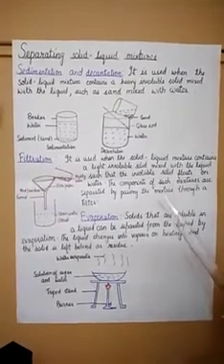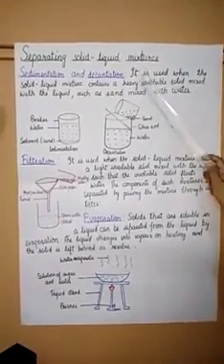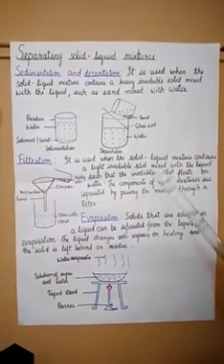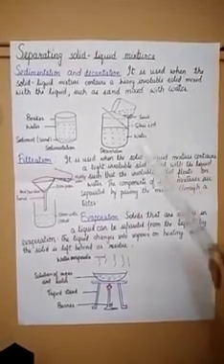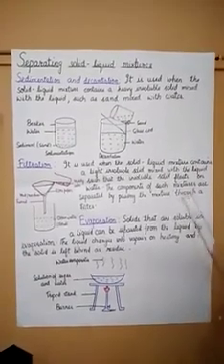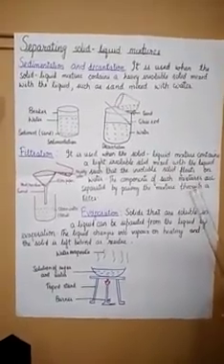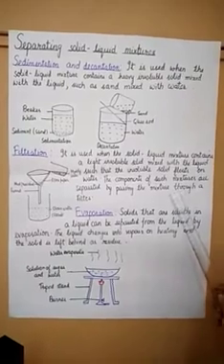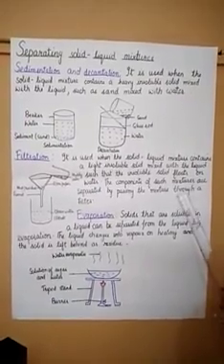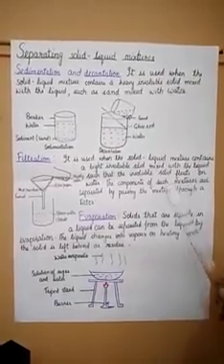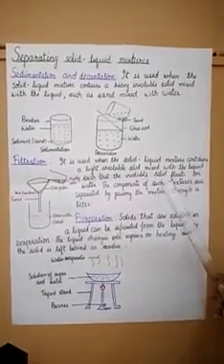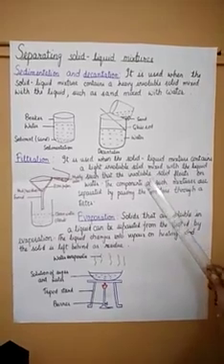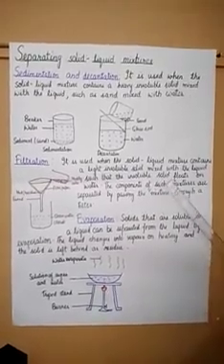So we have studied two methods, sedimentation and decantation, and filtration. These methods are also used to clean the water before it is supplied to our homes. Generally, river water is supplied to our homes.